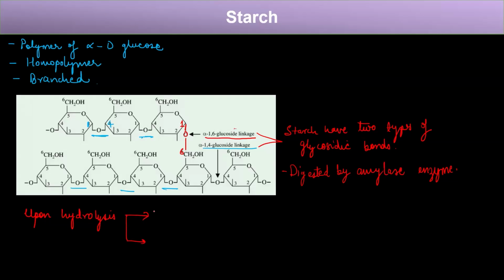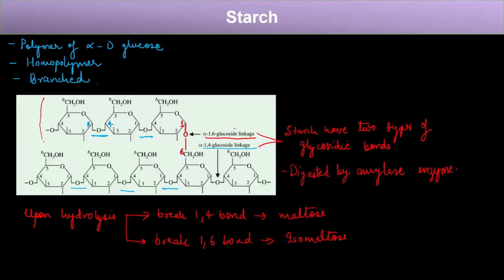If you break the 1-4 glycosidic bond, you will get maltose. If you break the 1-6 bond, you will get isomaltose. In the first round of hydrolysis, you get this much structure together. When you hydrolyze further, you get glucose.